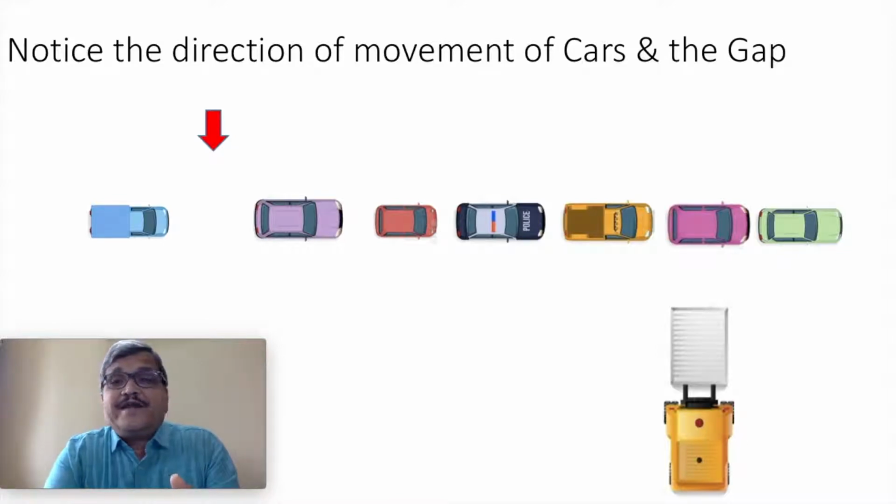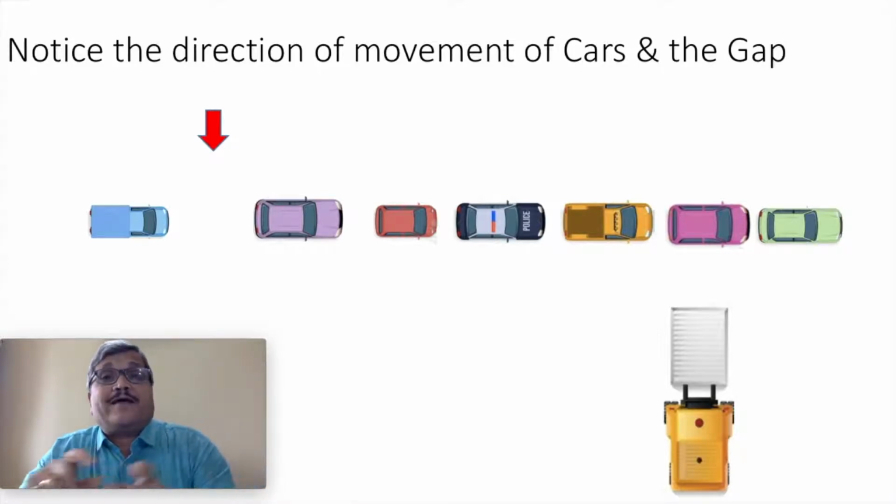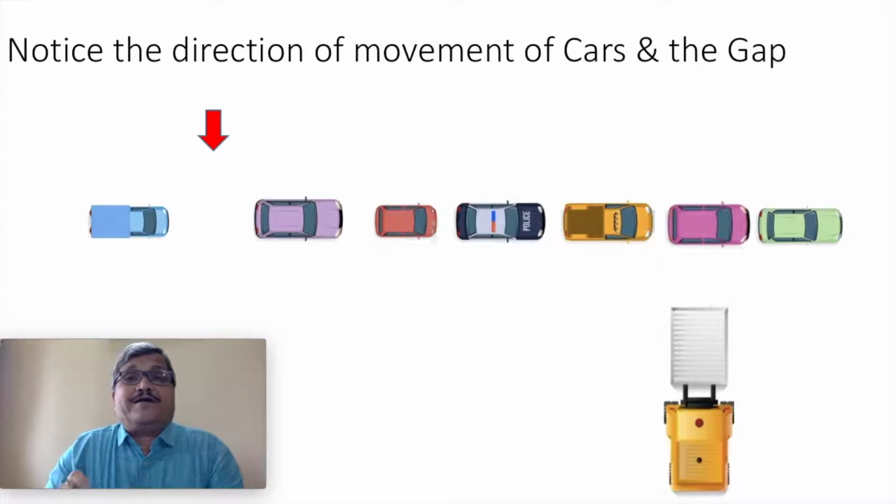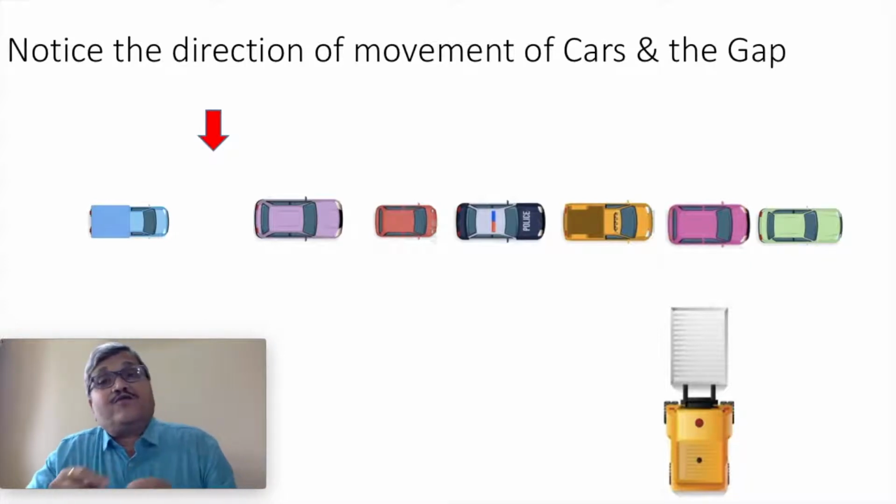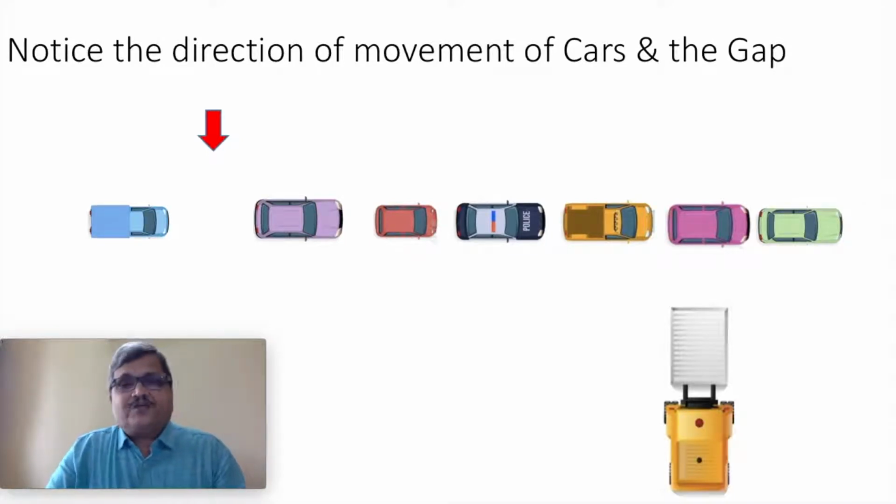Similarly, when a car passes from left to right, a hole gets created, and that hole is positive, similar to the atom. So now the gap is positive, to be filled by another car, or the hole in the conductor is ready for another electron to occupy the space. So it becomes positive. Okay, so this is the analogy.